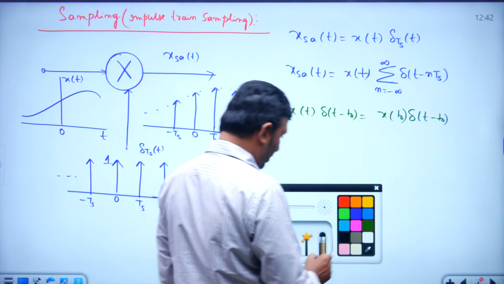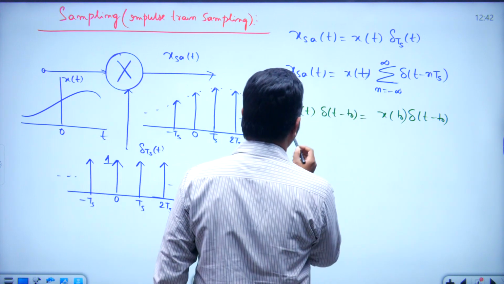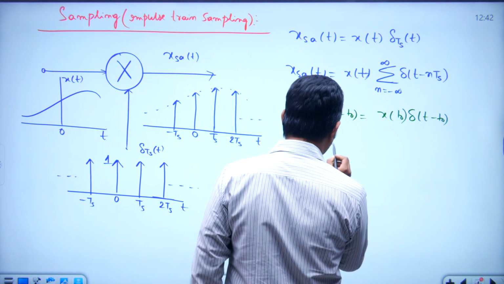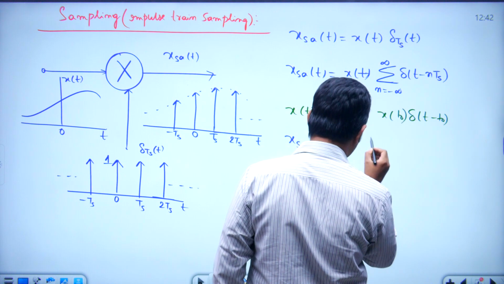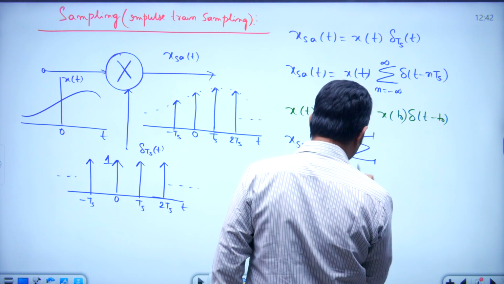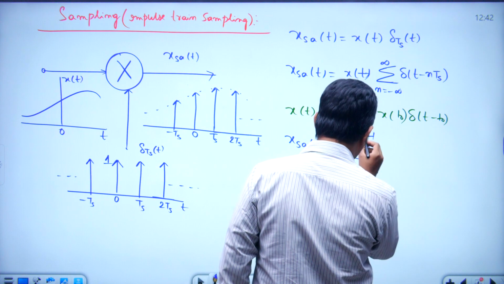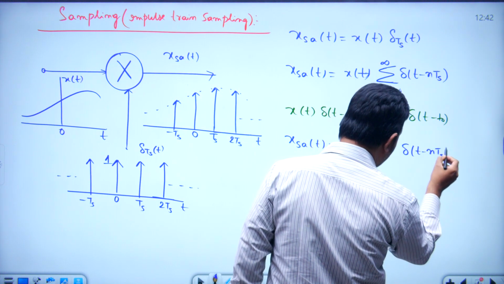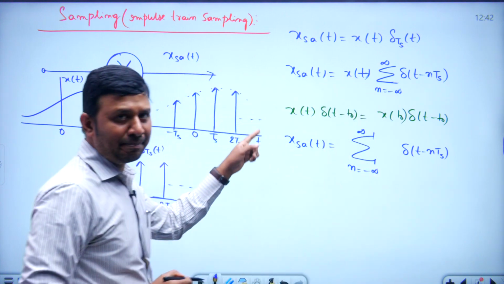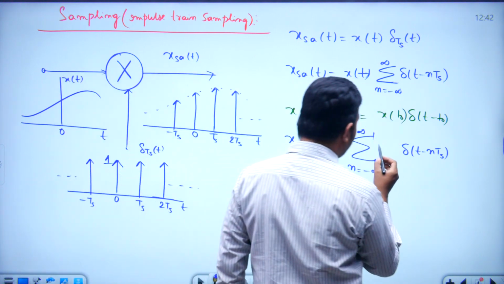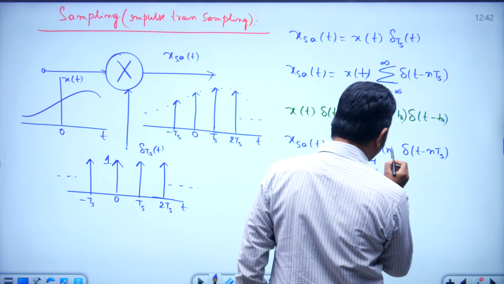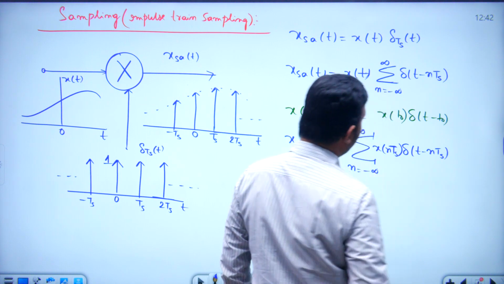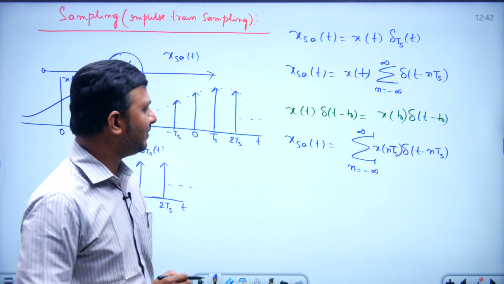By making use of this product property, how can I simplify my x sampled of t? If I multiply my x of t with this impulse train, I am going to get the impulse train only, but the area of the impulses in the impulse train will change according to the signal: x sampled of t equals the summation of x of nTs into del of t minus nTs.